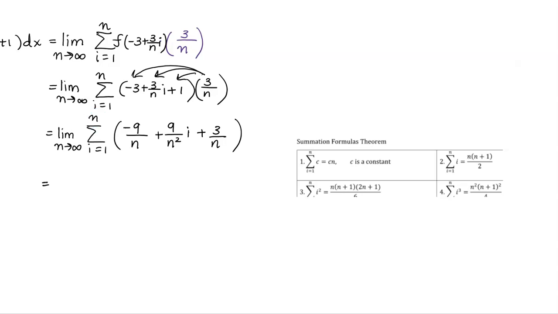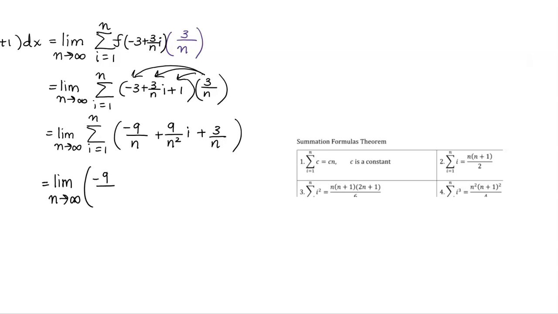So that's like using this first part of the theorem there. So this would be -9 over n multiplied by n, because this -9 over n is essentially a constant relative to this sum, since there's no i in that term. Plus here, and I did drop my limit, which I do not want you to do. So let me go back and put my limit in.